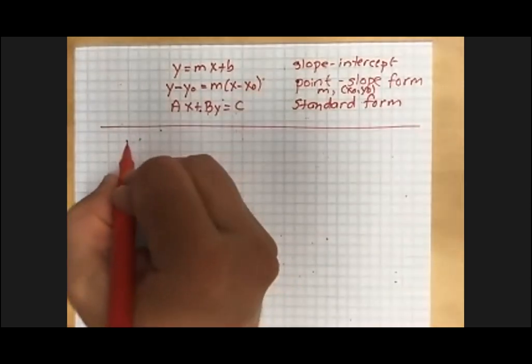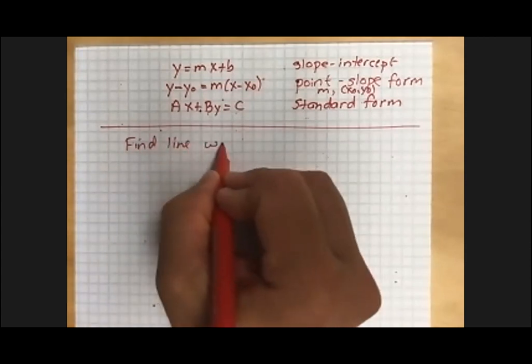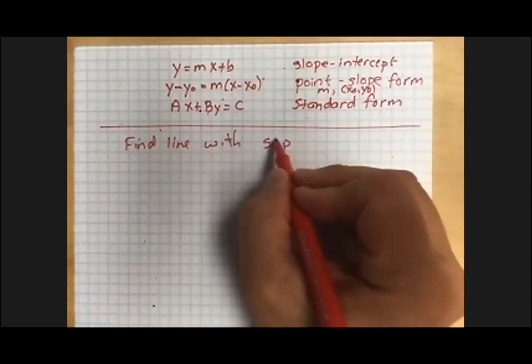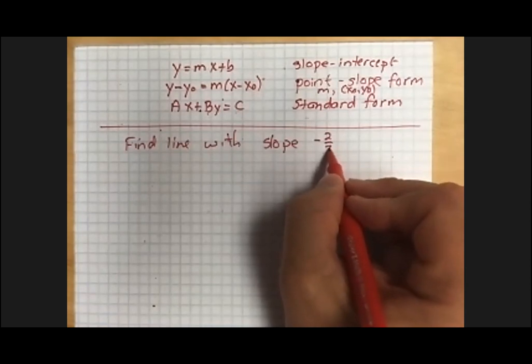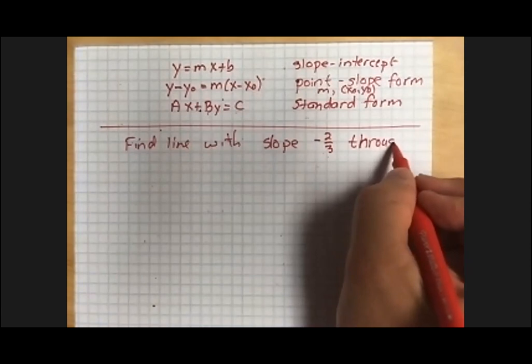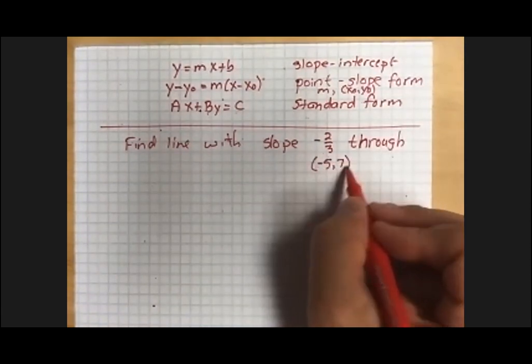Let's try it. Find the line with slope negative 2/3 through the point minus 5, 7.